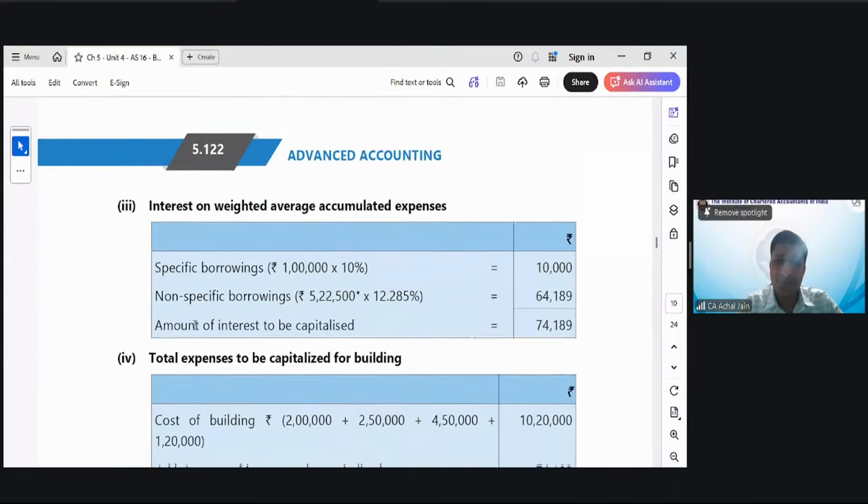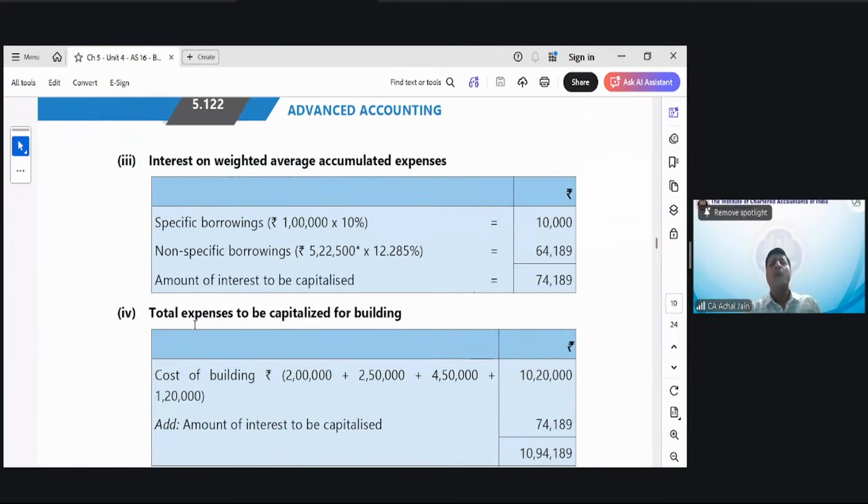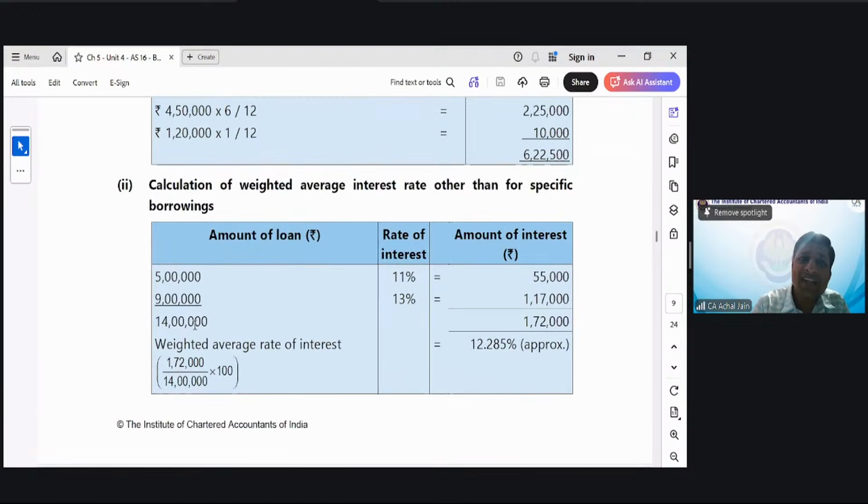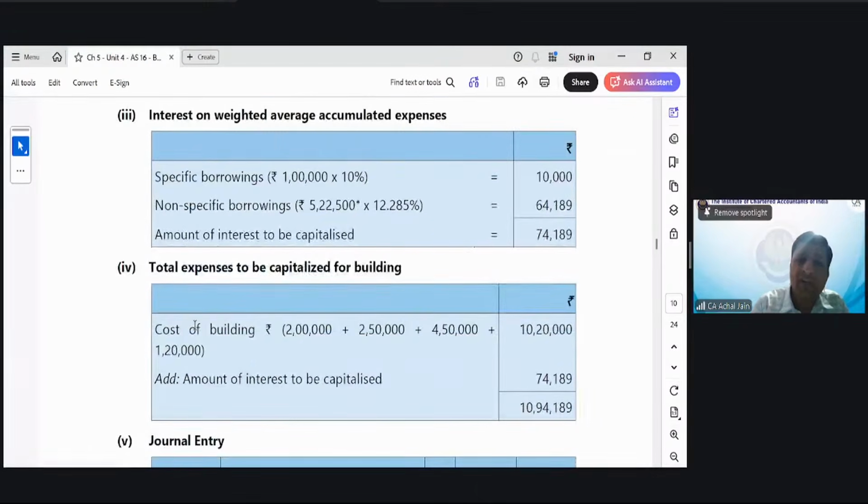Third, now we understand the weighted average of the amount spent on the project is 6,22,500. This is the amount on which we need to calculate the interest. Why? Because this is the amount that needs to be capitalized. Only on this amount interest will be capitalized.